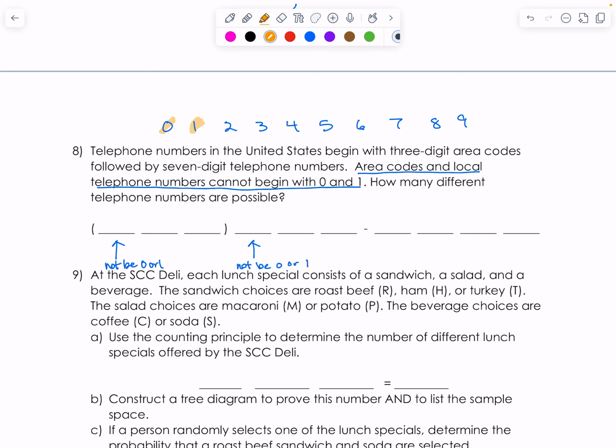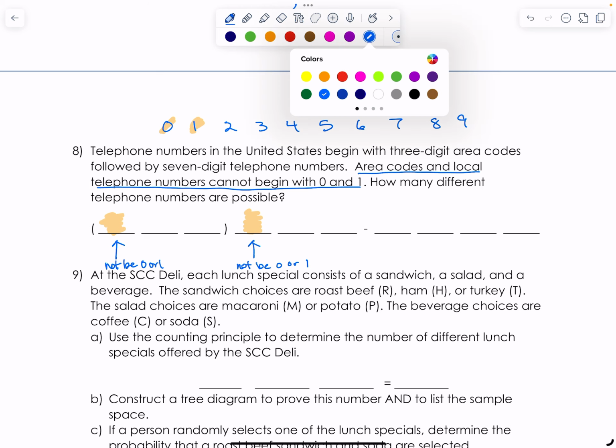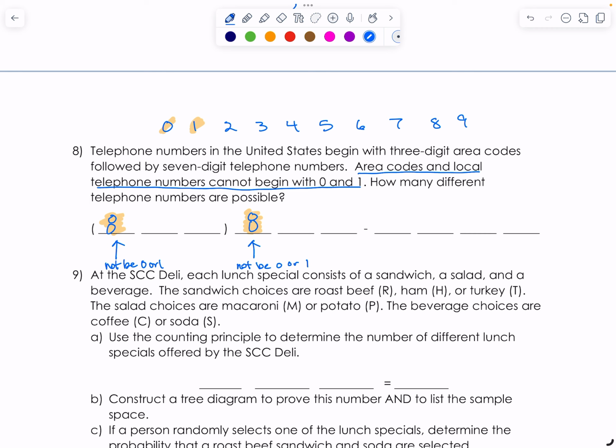So this one and this one is special because it can only have 8 numbers. Because both of those cannot be 0 or 1. But the rest of them, like the second one here, I can choose from any of those. So I have 10 choices, all right?